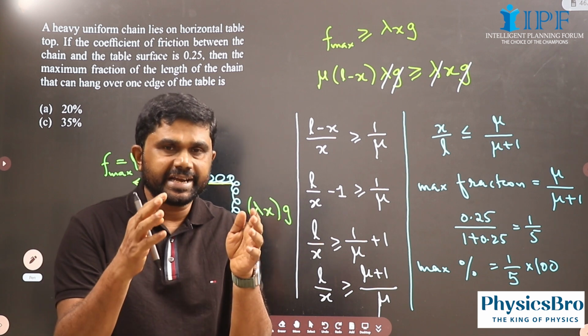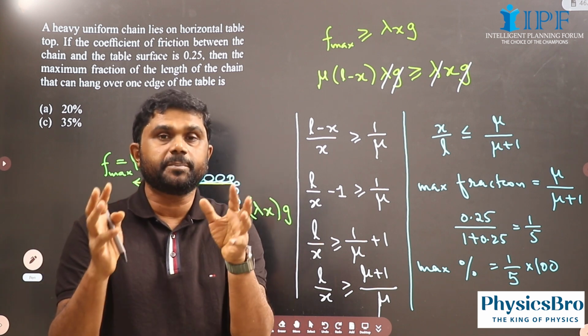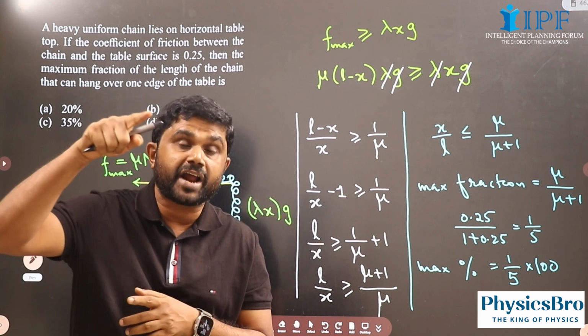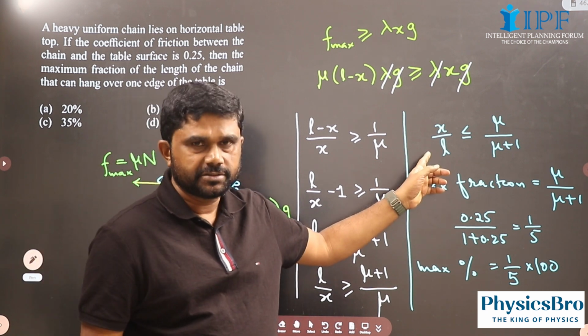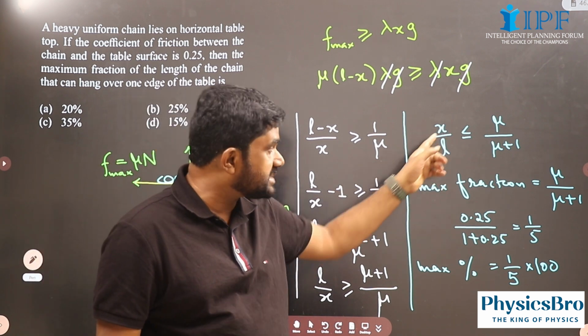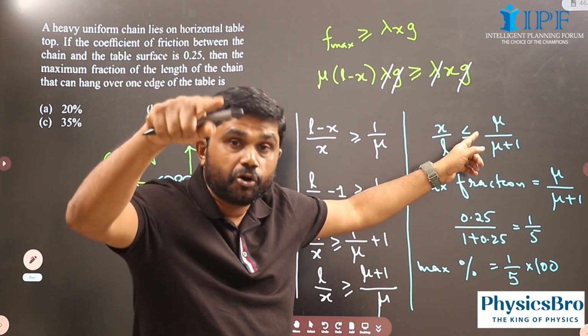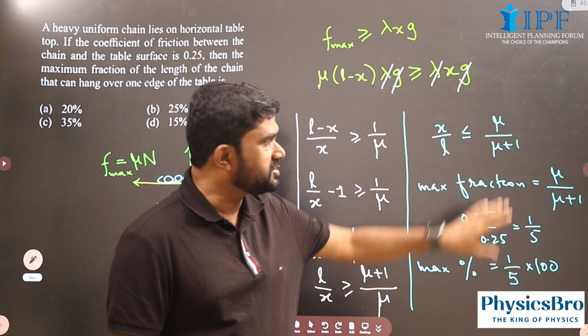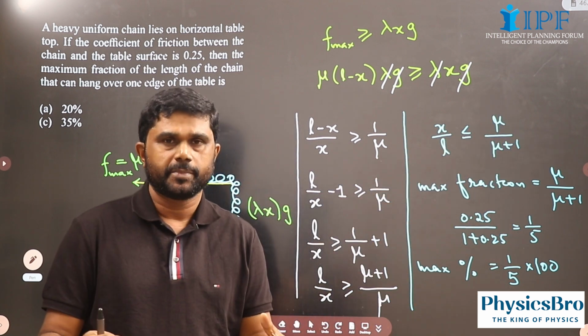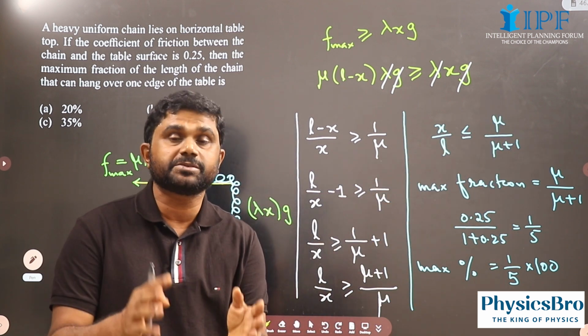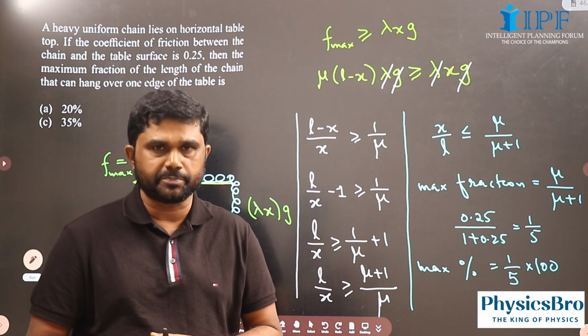The length of the hanging part divided by the total length will give you the fractional length of the hanging part. Fractional length can be less than or equal to this, means it cannot be greater than this. This is the maximum fractional length of the hanging part. Into 100 will give you the maximum percentage of the hanging part.